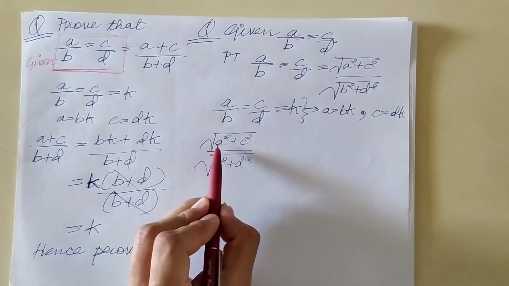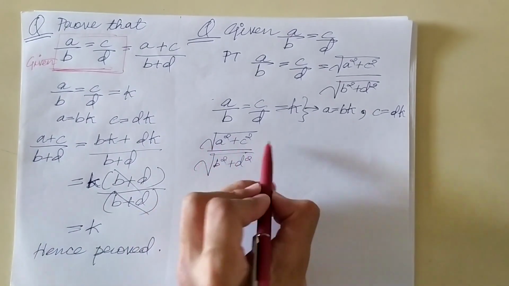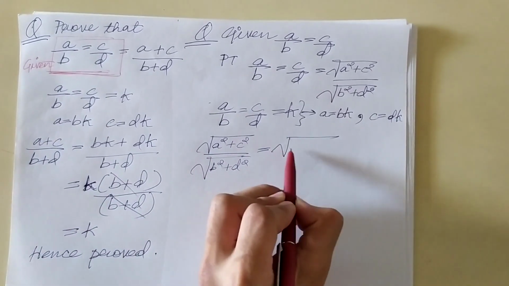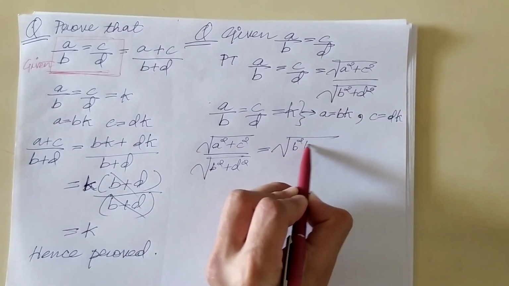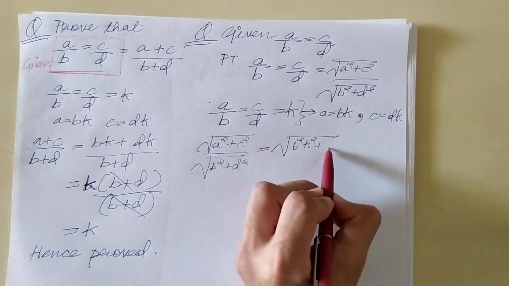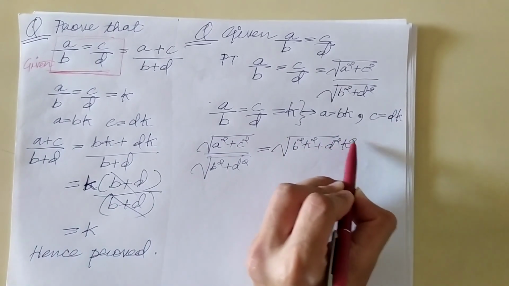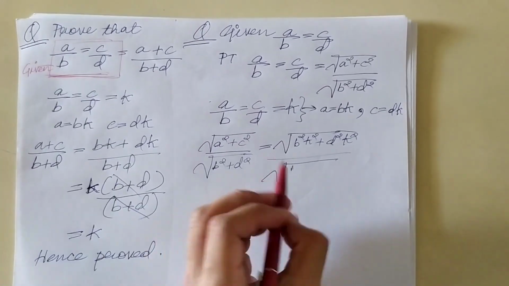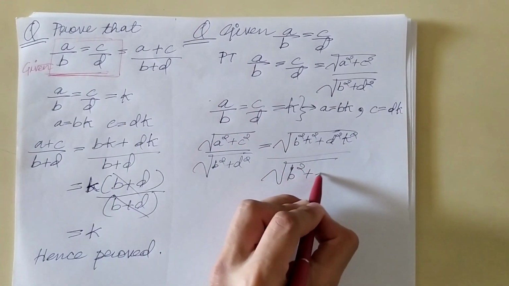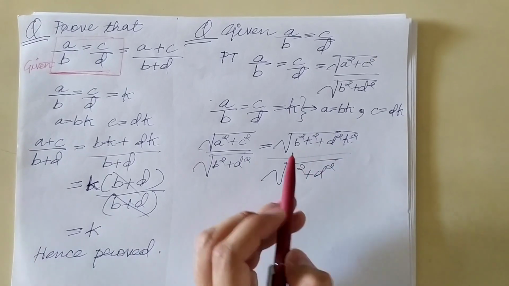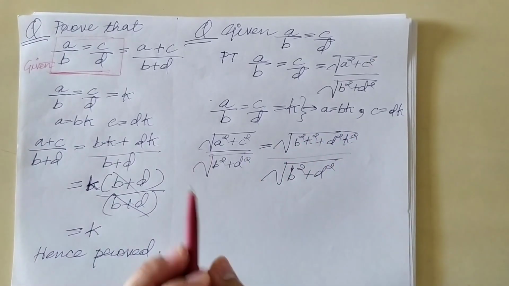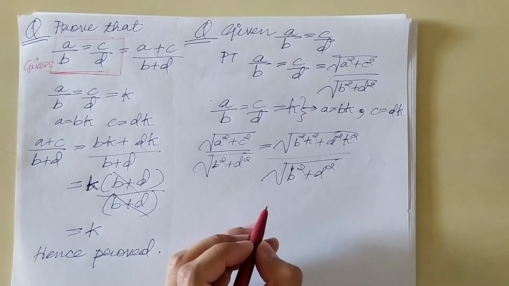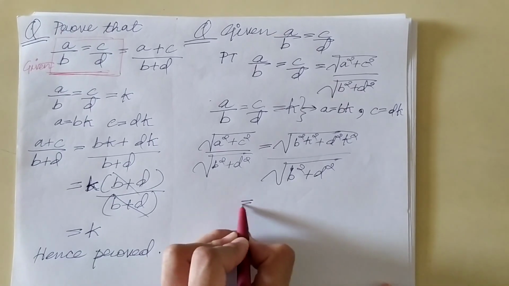Now putting the values a is equal to bk and c is equal to dk in this, we get under root of b square k square plus d square k square upon under root of b square plus d square. Now we will take k square common inside the root.